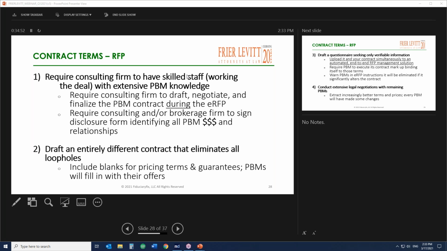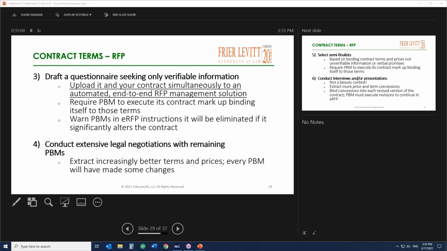Second, plan sponsors should dictate the terms of the contract, removing all the loopholes, including but not limited to rebate aggregators, vaguely defined rebate provisions, ambiguous brand and generic definitions, as well as pricing guarantees. Third, plan sponsors should only seek information from the PBMs that is quantifiable and verifiable. And also make sure that PBMs understand that if there's any material change to the contract, they're going to be eliminated.